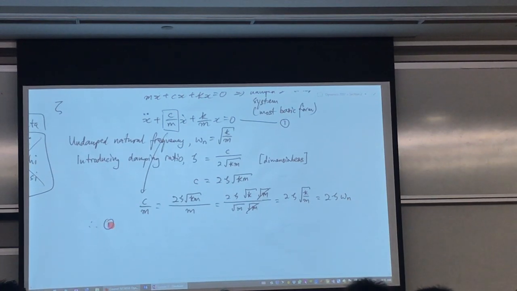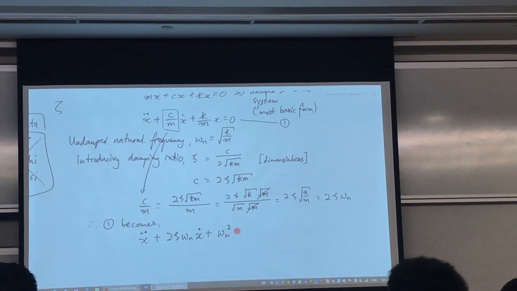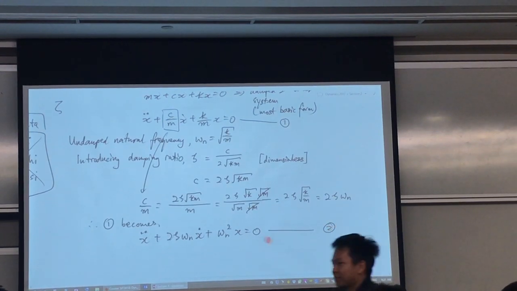So equation 1 now becomes x dot dot plus 2 zeta omega n x dot plus, this term over here we have seen in the natural oscillation or the free vibration, omega n squared x, equal to 0. I'll call this equation 2.